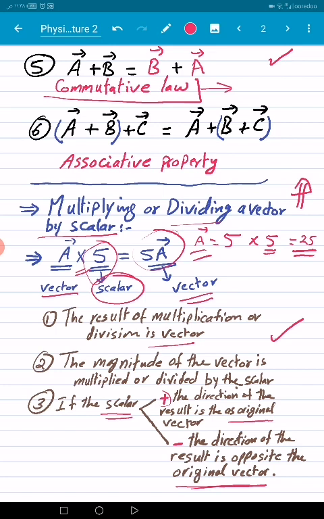If the scalar is positive, the resultant factor is in the same direction as the original factor. If it's minus, the direction of the resultant is opposite to the original factor.